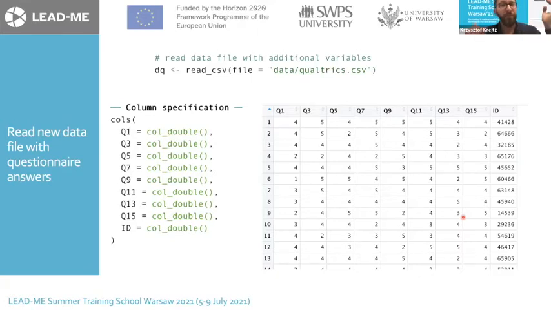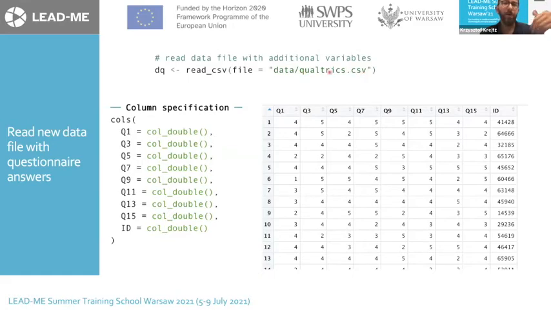So we have two different data files actually. We have a data file from the eye tracking study, and we have a data file from the questionnaires. The answers are stored in the file called qualtrics.csv.